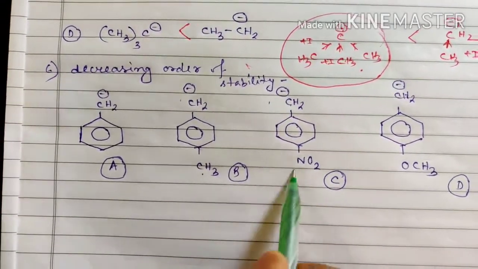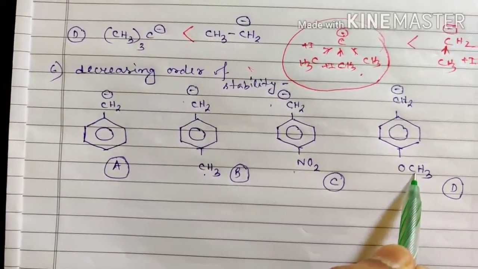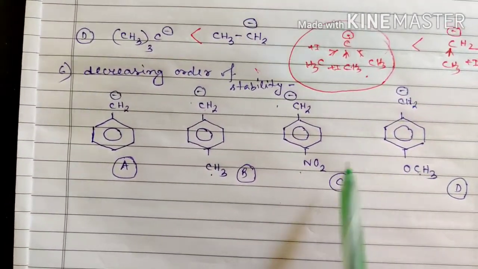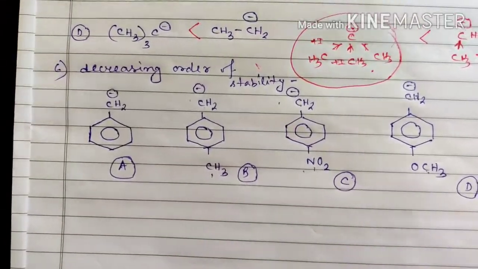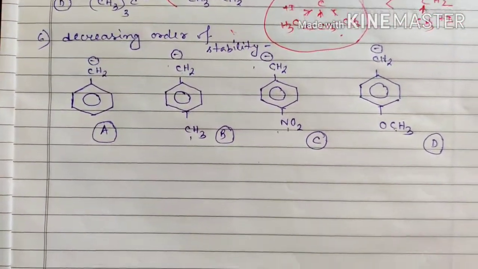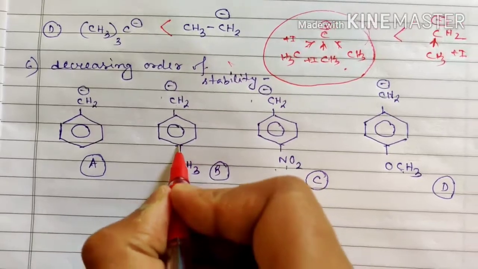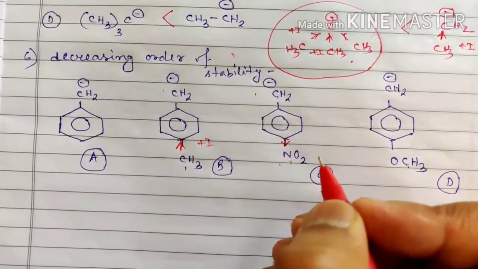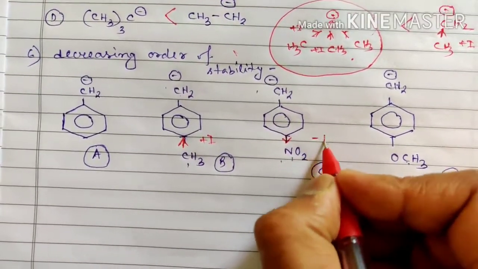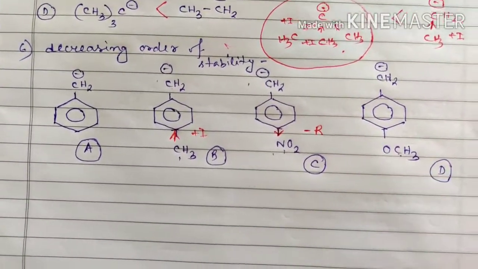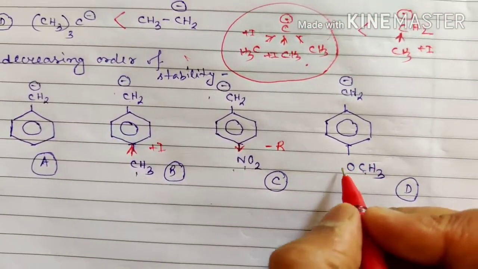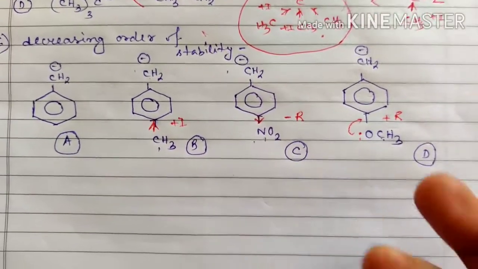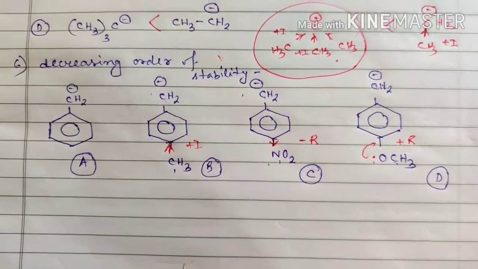All of these are substituted aromatic compounds, where along with CH2 minus, one more group is present. What are the capabilities of these groups? CH3 has plus I effect. NO2 withdraws the electron, so it has minus R effect because it withdraws the electron by means of resonance. OCH3 obviously has plus R effect, as we have seen in one problem previously.